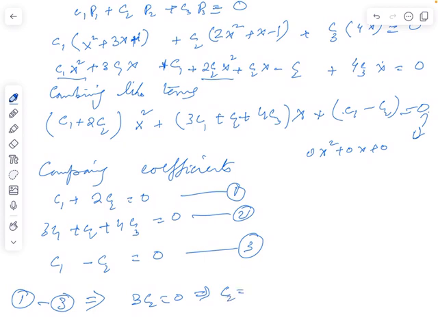And from 2, we have 3C1 plus C2 plus 4C3. C1 is 0, C2 is 0. So we end up getting 4C3 is equal to 0, which gives us C3 is equal to 0. So we got all of them 0.